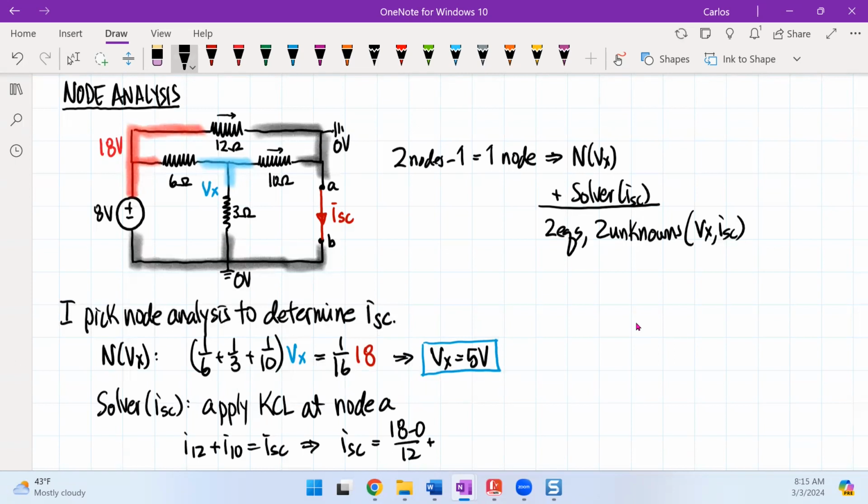And then I'm going to get 5 minus 0 divided by 10. And if I compute that number, I get that I have 2 amps. So now I have I short circuit.